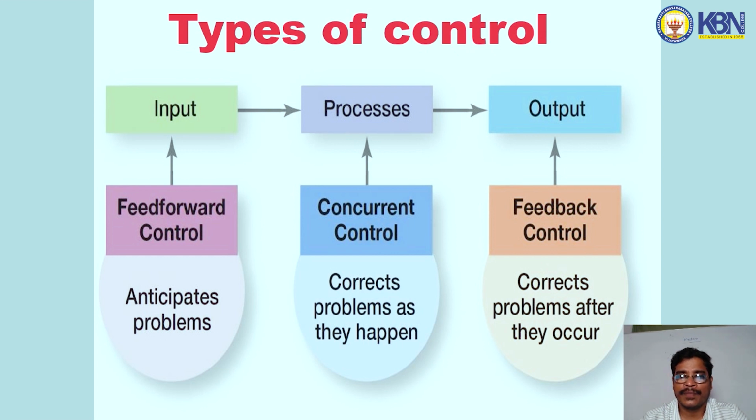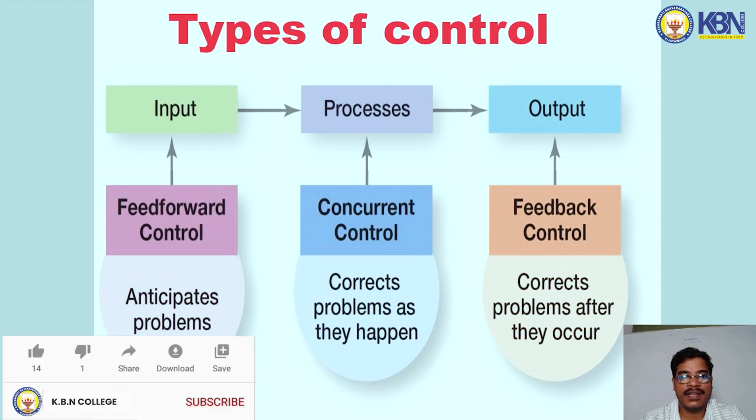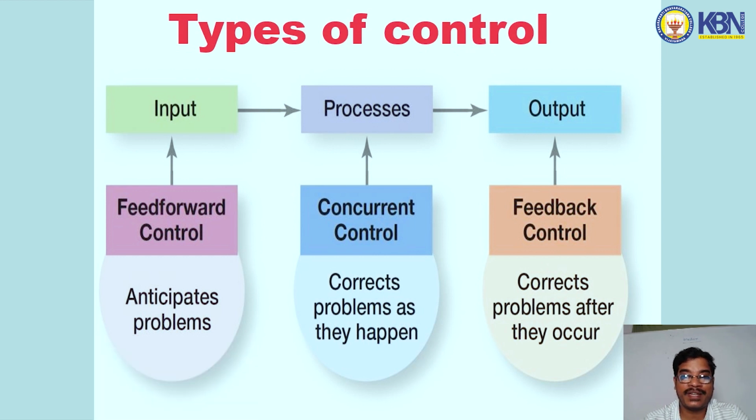Suppose any deviation or problem has been observed in the organizational scenario at that point of time, every manager can analyze it very clearly if they follow concurrent control, as it corrects problems as they happen. And finally, last but not least, feedback control. It corrects problems after they occur.